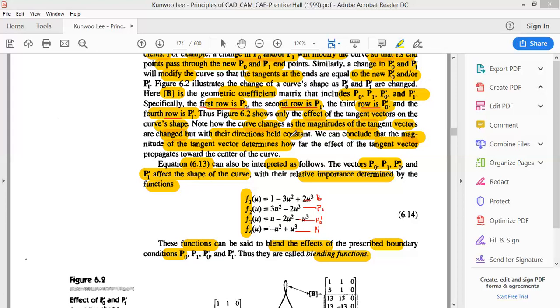So conclude that the magnitude and the tangent vector determines how far the effect of these tangent vectors would propagate towards the center of the curve, right? So P1 dash affects the shape of the curve with relevant importance determined over here as per the function, right? So we'll see here for the graph that I just mentioned.